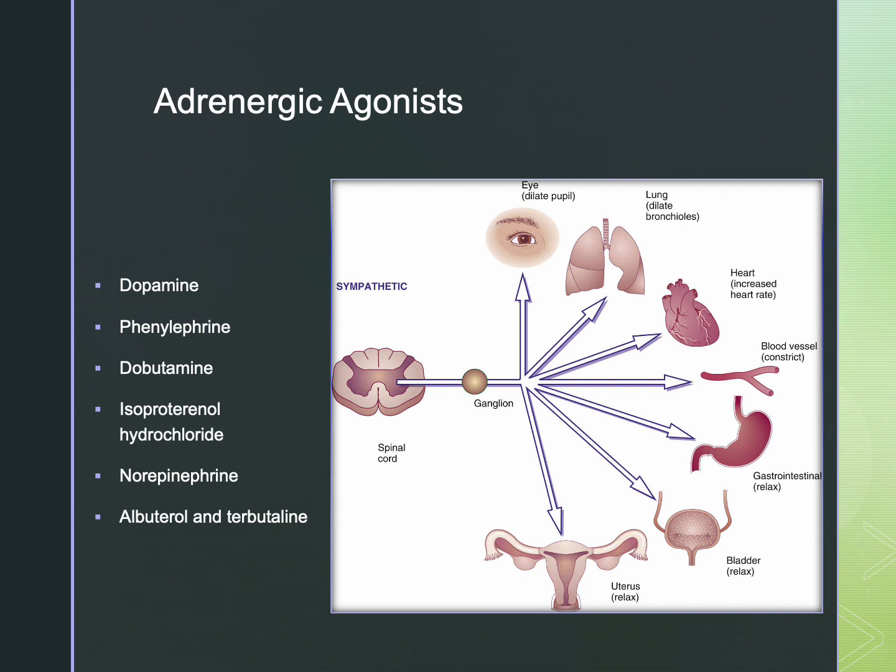Then we have isoproterenol hydrochloride, and that increases the rate and force of the contraction of the heart muscle, which is the myocardium, and it's used to treat bradyarrhythmias, and it also serves as a bronchodilator. Norepinephrine, we've talked about before, is a vasoconstrictor, and that can help to increase blood pressure as well. And then lastly, albuterol and terbutaline are effective in the treatment of bronchospasms, and I mentioned them before as well.